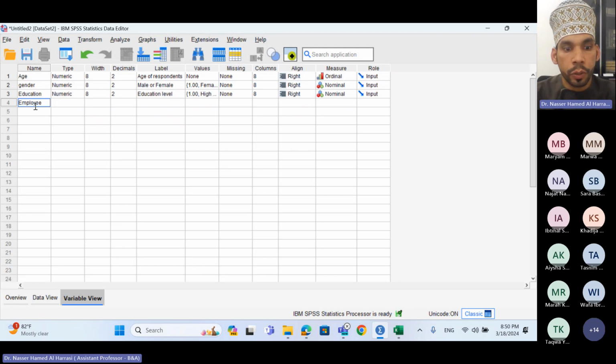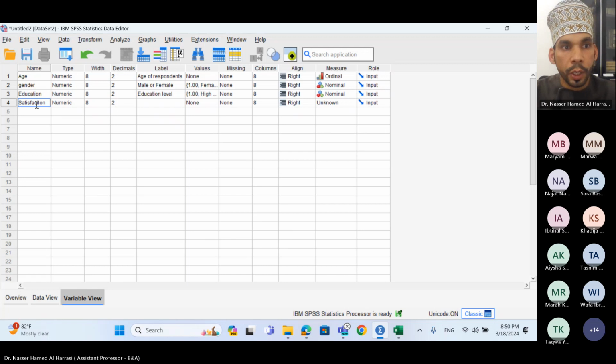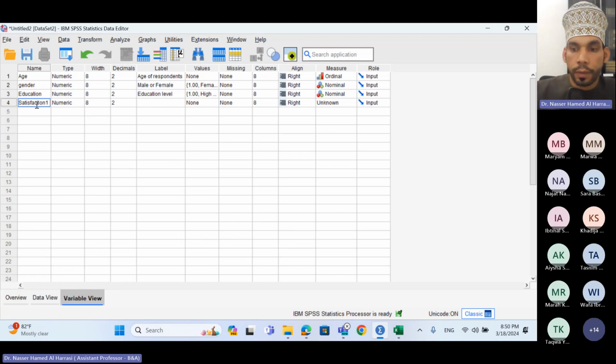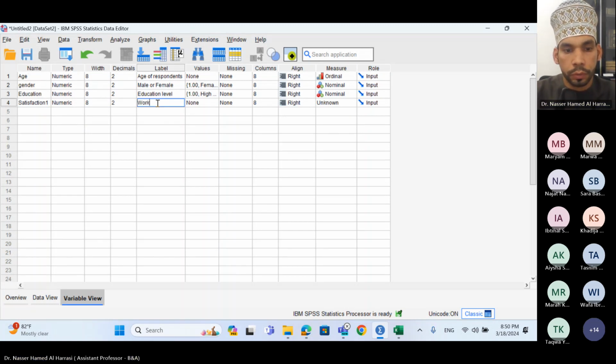To make it a shortcut, we will write satisfaction, question number 1. And here, for the label, we are going to write the question which we have mentioned, for example, workload.